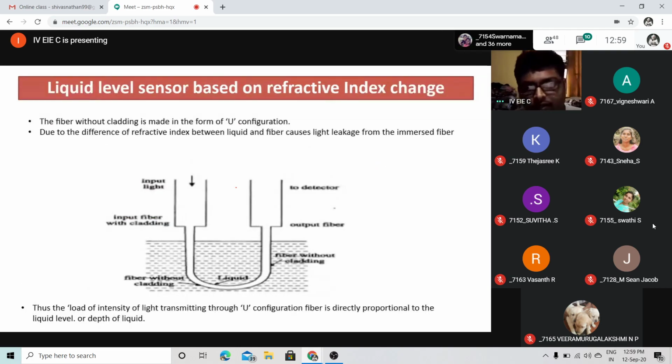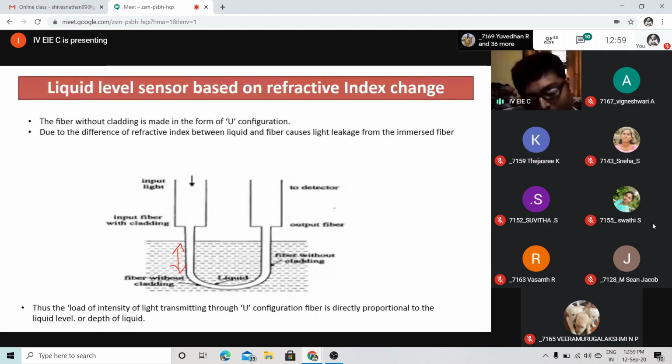Here, we are again going to make use of a fiber optic sensor, where the refractive index is going to change. There is no cladding at all at the area where the fiber is going to be immersed. Now, as the liquid level changes up and down, what happens? The refractive index value surrounding the core will change.